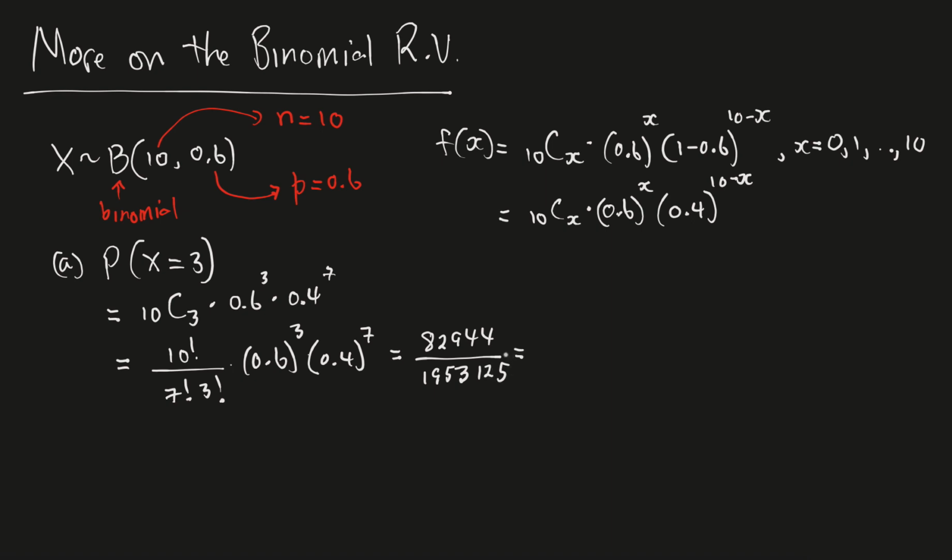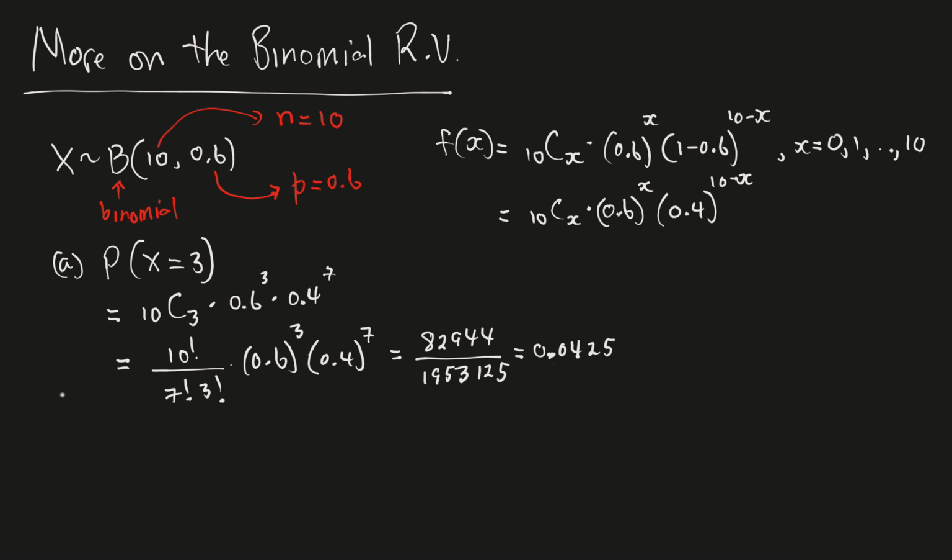But as a decimal to 4 decimal places, we get 0.0425. So that's the probability that out of these 10 independent trials, each having a probability of success of 0.6, the probability of observing exactly 3 successes is just a little over 4%.